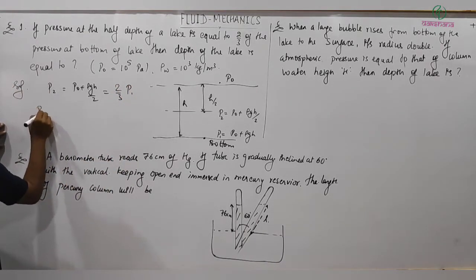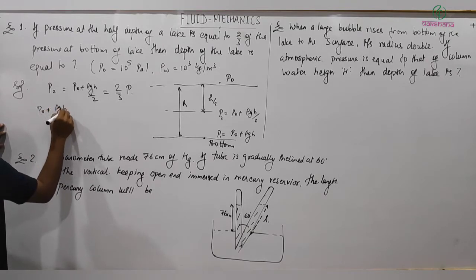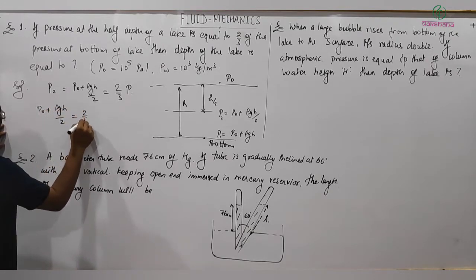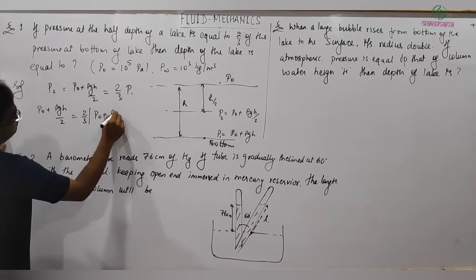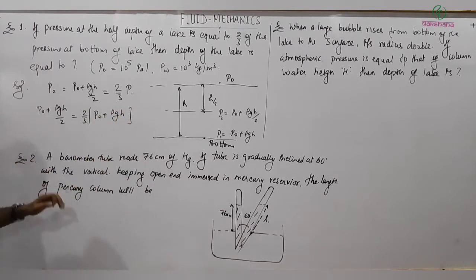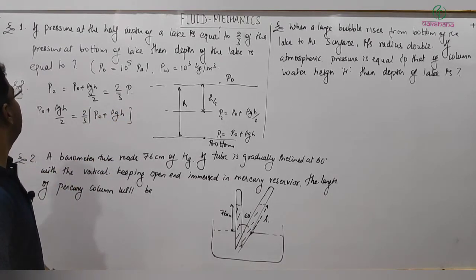So this implies P naught plus rho g h by 2 equals 2/3 of (P naught plus rho g h).